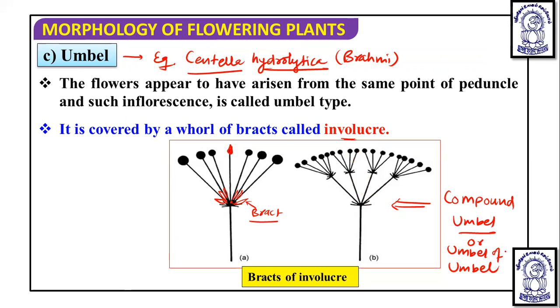And this compound umbel is found in some examples like coriander, coriandrum, fennel or saunf, and cumin or zira, and these all are particularly examples of Umbelliferae or Apiaceae family.